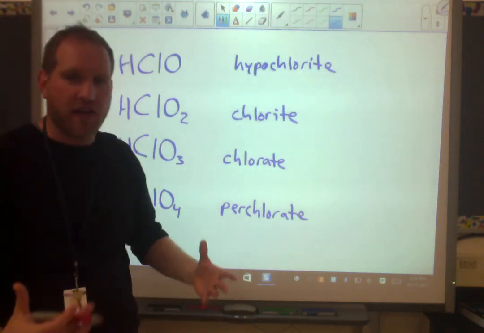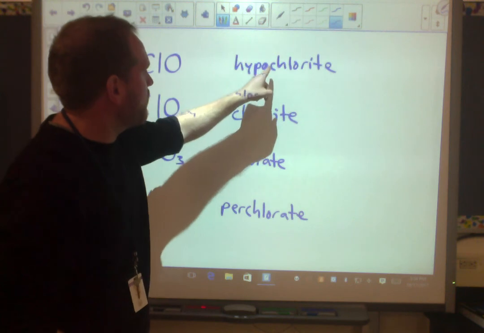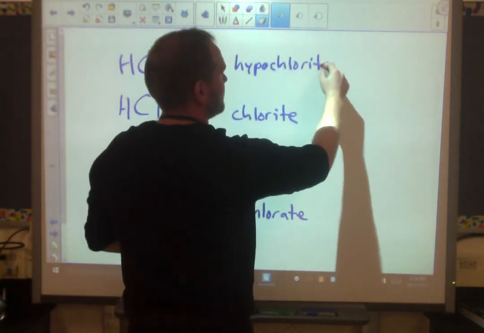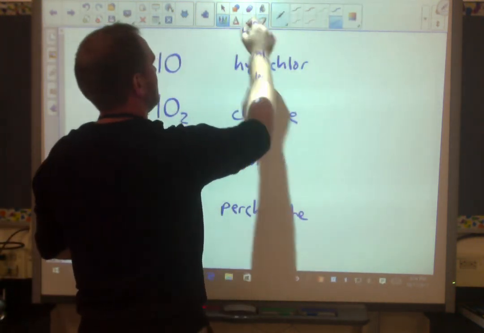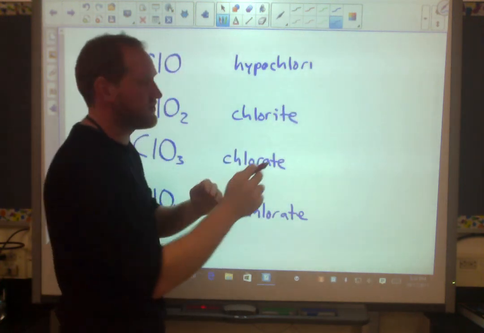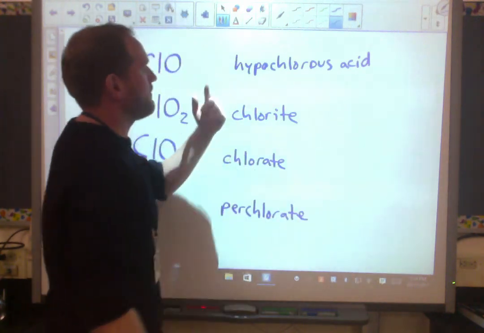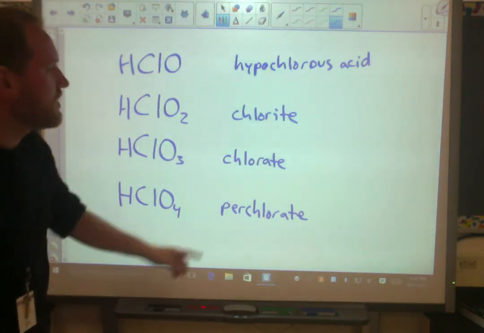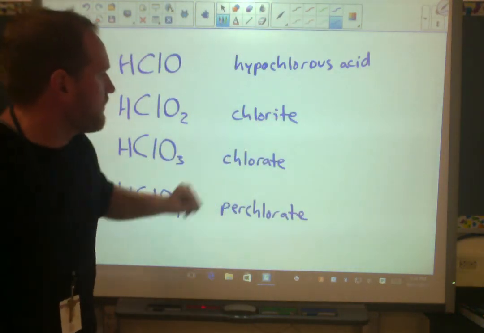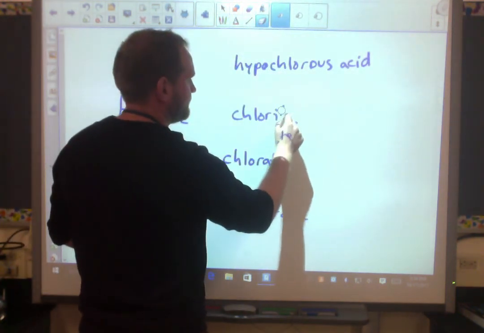Well, it's as simple as saying ate-ic, ite-ous. Hypochlorite, ite, ous: hypochlorous acid. Chlorite, ous: chlorous acid.